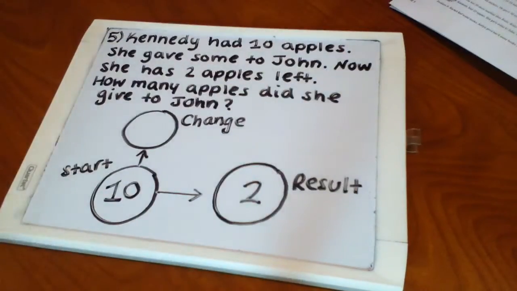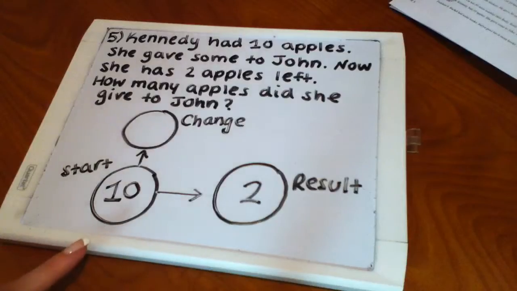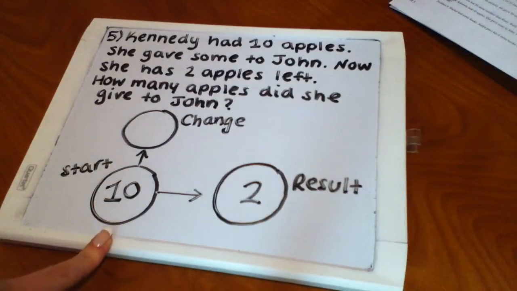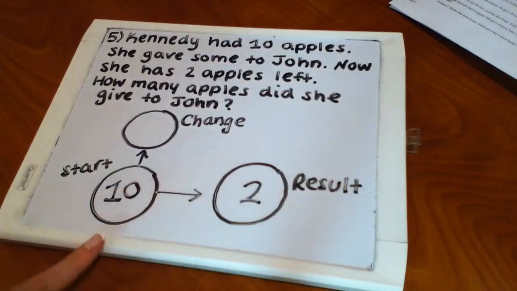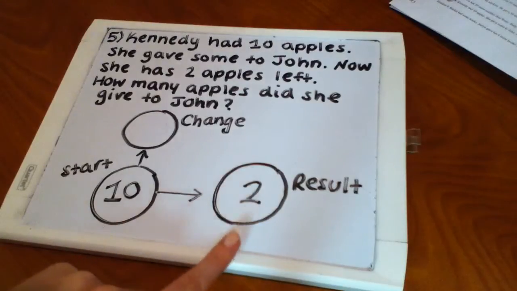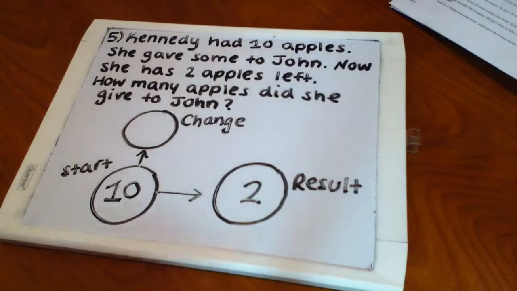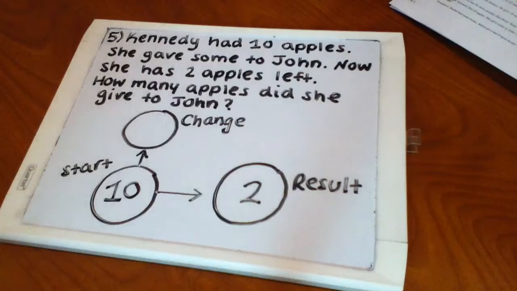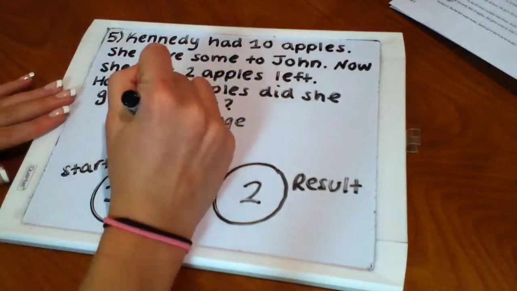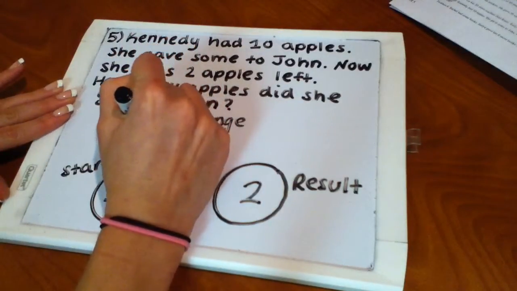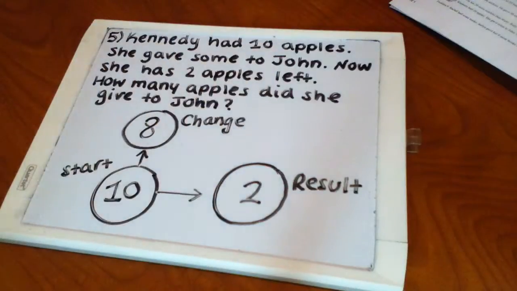And then, if we look from our start to our result, we see that we go from 10 apples to 2 apples, well, we know that that clearly is subtracting 8. So here we would just put 8. And that's how you show with a separate structure how to do this problem.